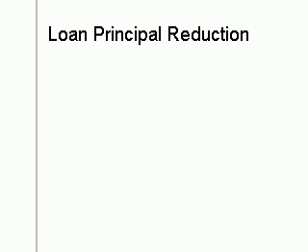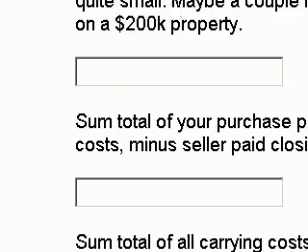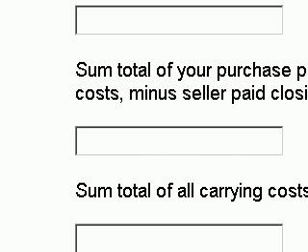But there will be some reduction, a very small amount. So for this example, we're going with $100. Okay? Because we're not going to have to pay it back when we sell the home. But it's very small, so I wouldn't worry too much about it. You don't even have to put it in, it wouldn't affect things very much.